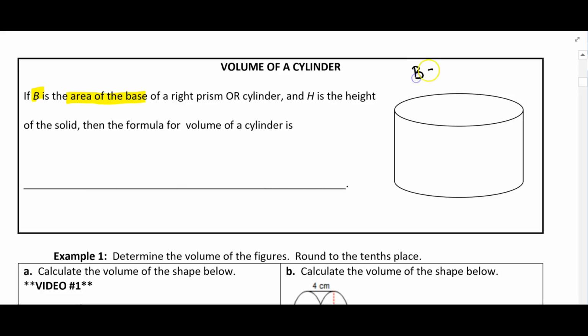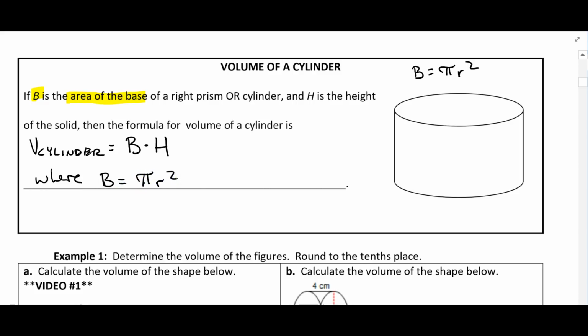So the B here is going to be pi r squared. So the volume of a cylinder is going to be equal to area of the base times the height, just like it was for a prism, except now where B equals pi r squared.